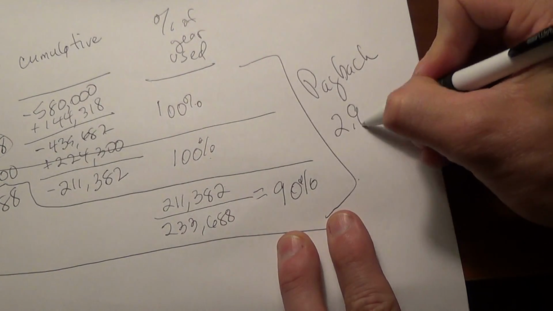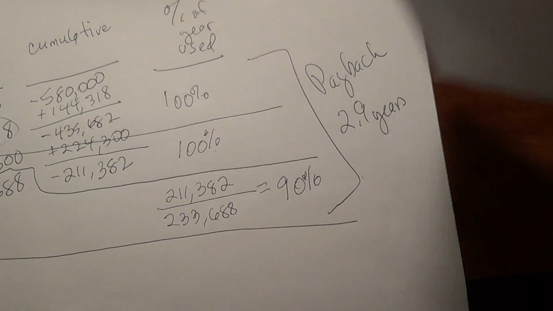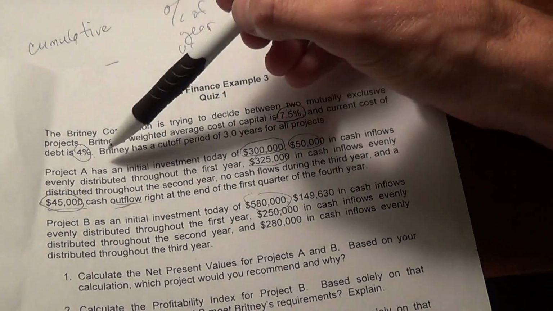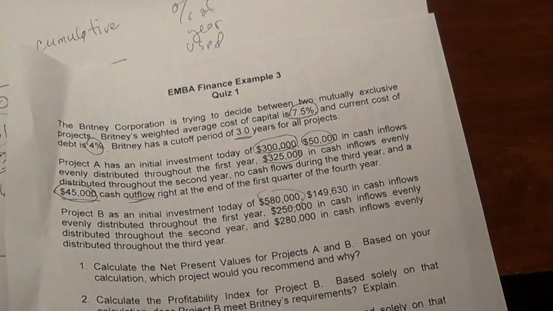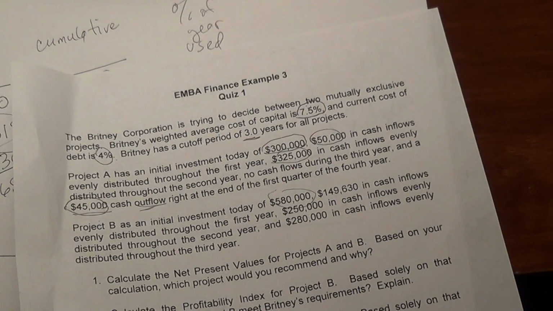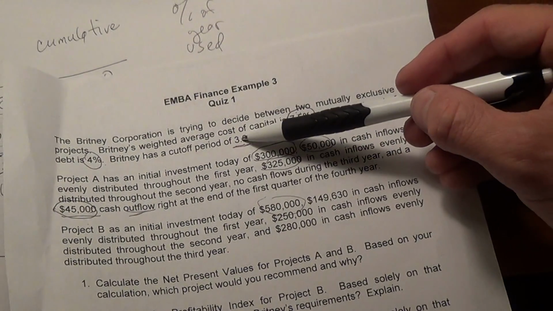Now if you go back to the paper, the quiz example, they said that Brittany has a cutoff period of 3 years, which means management will accept any project whose payback period, the amount of time it takes before the net present value goes to 0, is less than 3 years.